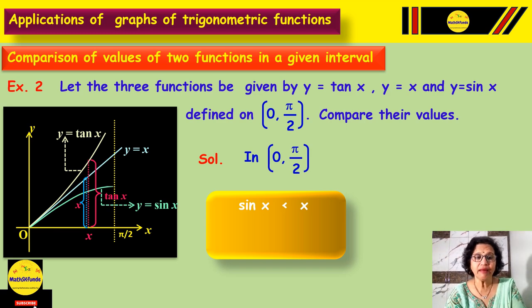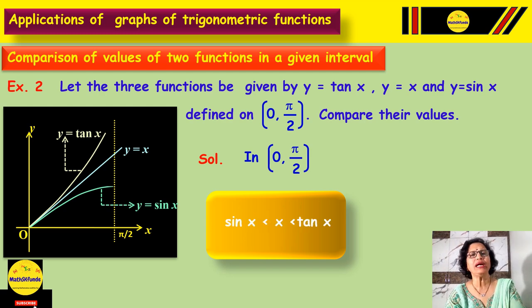Tan x is bigger than the blue dotted line, right? So my observation here is x is less than tan x. So in 0 to pi by 2, I observe sin x is less than x, and I also observe that x is less than tan x. Now, can we combine these two and write one inequality only? That is nothing but sin x less than tan x.